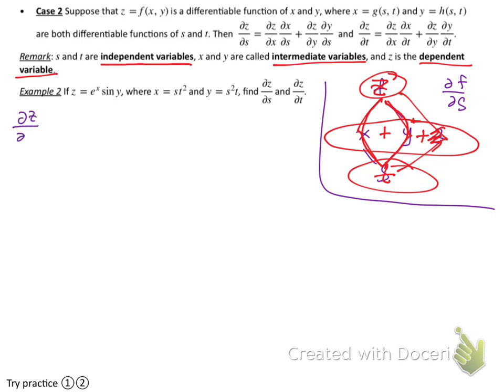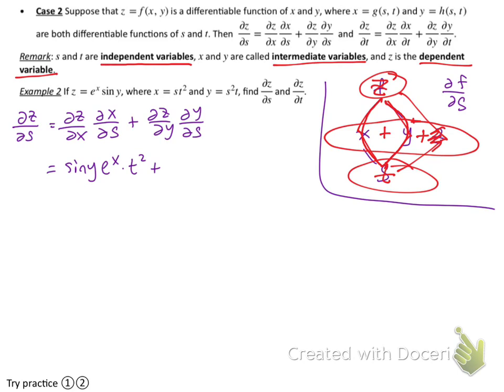So partial z partial s will be partial z partial x times partial x partial s plus partial z partial y times partial y partial s, where my partial z partial x here is sine y as the coefficient, and then taking the derivative of e to the x with respect to x, I have e to the x times partial x partial s, t squared, plus, starting over, partial z partial y: e to the x is the coefficient, the derivative of sine y is cosine y, times partial y partial s. t is the coefficient, the derivative of s squared is 2s.